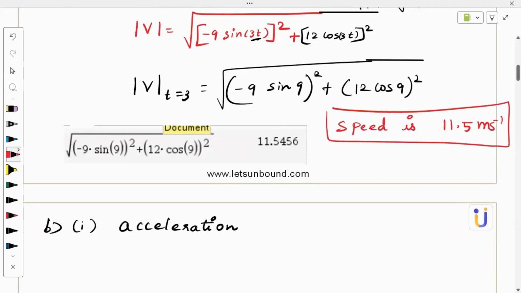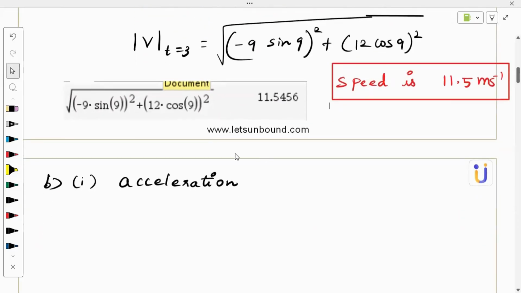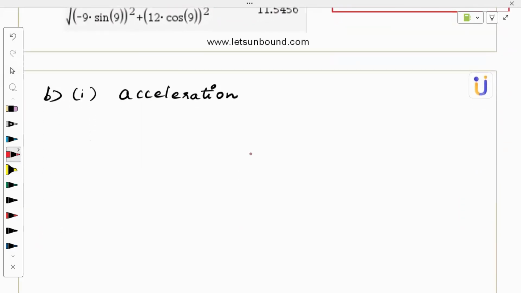That's the speed. Now the next part: the position vector of the particle at time t is what they have given, and we need to find an expression for the acceleration of the particle at time t. Acceleration is the derivative of v, and v is the derivative of position, that is displacement.